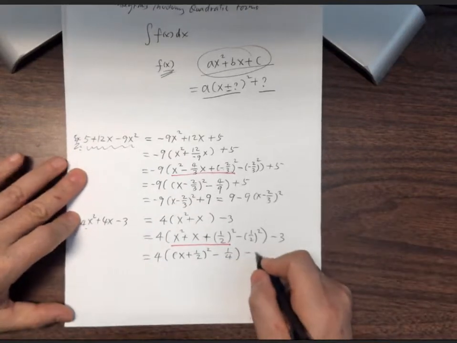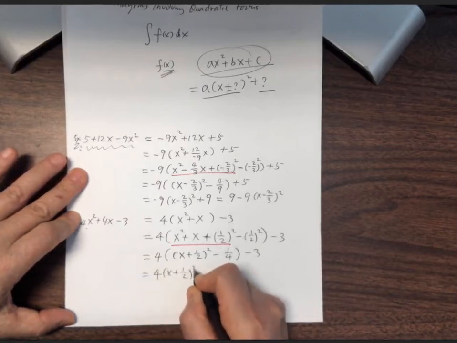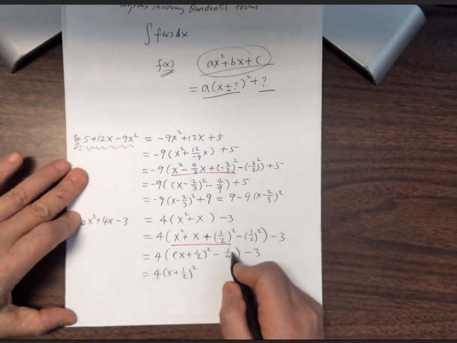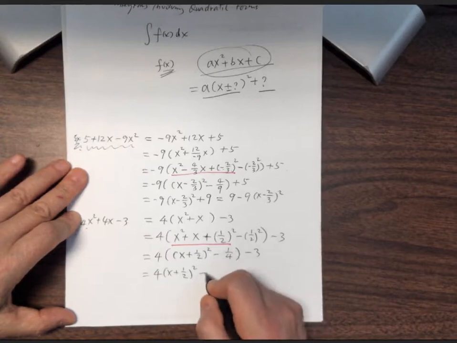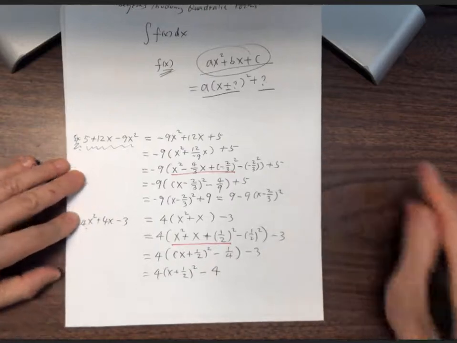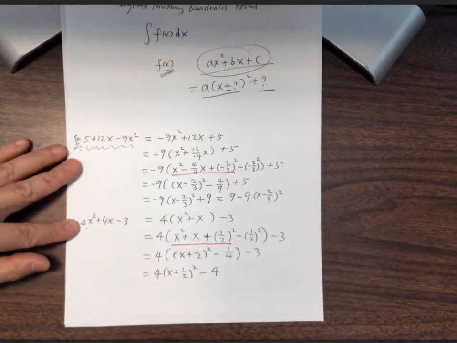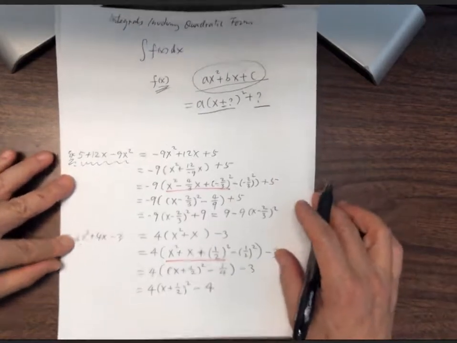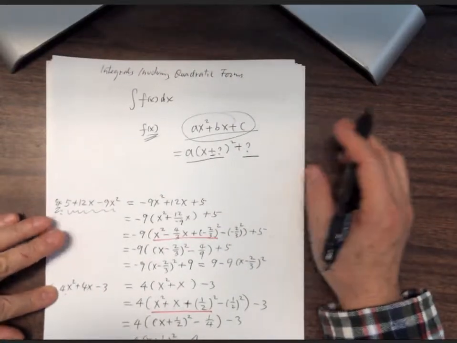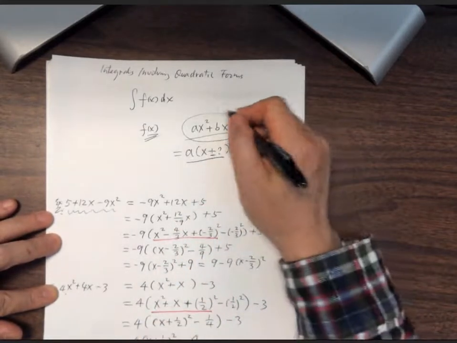Square it out, then multiply 4 through. 4 times 1/4 is 1, minus 1, so it's minus 4. So again, we completed the square in this quadratic form. Now let's see how we evaluate functions involving a quadratic form like this, in general.